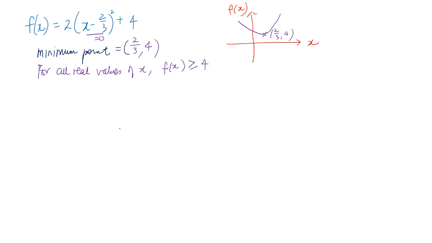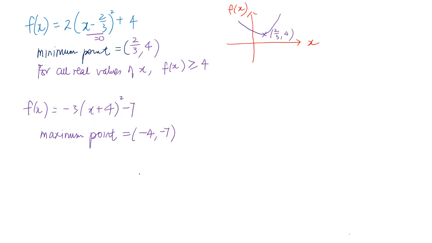Let's say you have this. What do you think? Would this curve have a maximum or minimum point? Yes, this curve will have a maximum point, which is negative 4, negative 7.